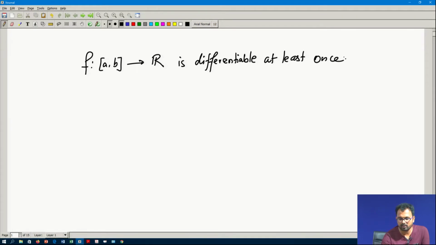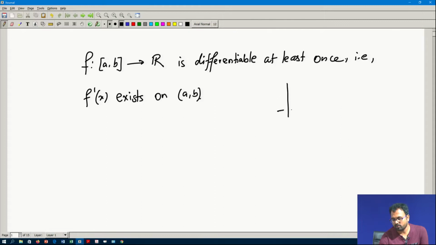That means f dash x exists on the open interval a to b. So it means that if you plot this function, let us say this is y equals f of x, and let us say this function is this one.